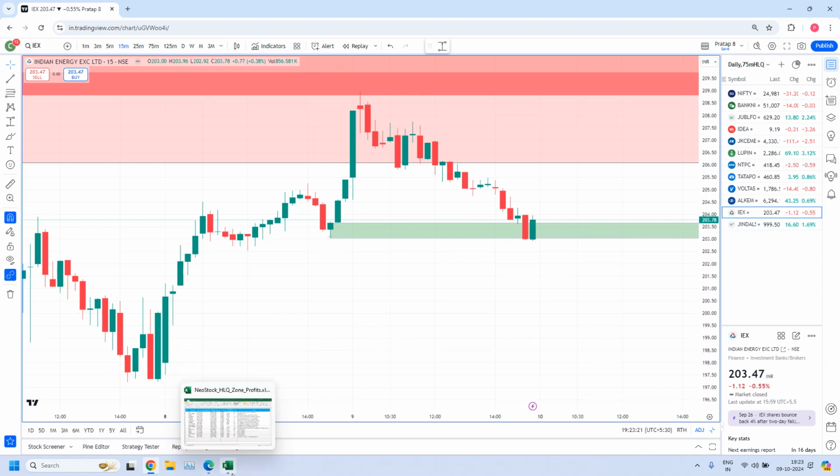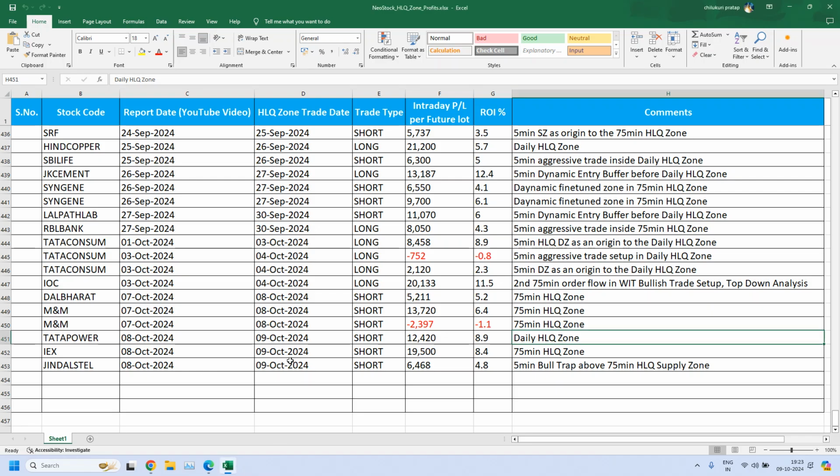So how much profit has IEX given? IEX has given 19,500 rupees profit, which is 8.4% ROI. But in the earlier one, 12,000 itself gave us 8.9%. Why did we get less ROI on 19,500? Because ROI is calculated based on the futures margin cost.